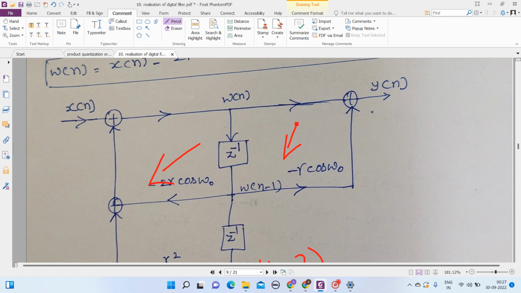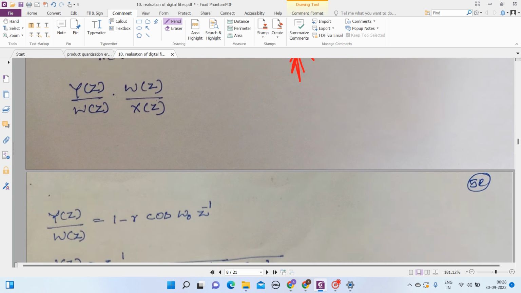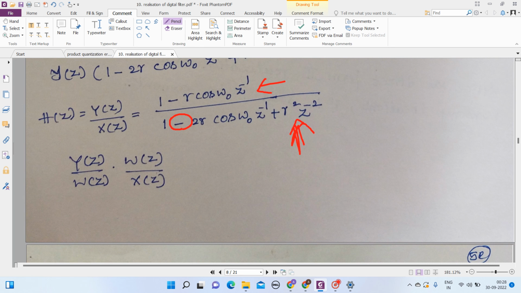In the denominator equation, this is the numerator equation, right? In the numerator equation, what is that? Again, here we have to combine w of n, w of n minus 1, right? We have to add it with the y of n.